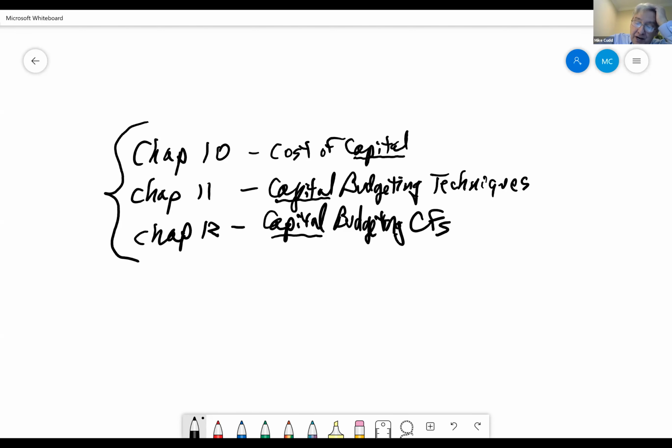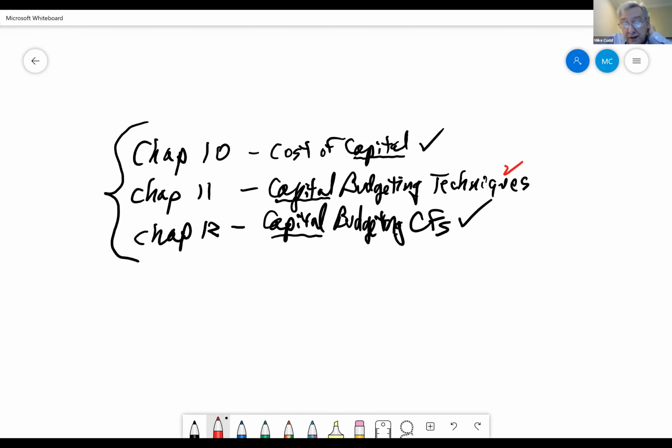And then once we have the required rate of return and the project cash flows, oddly, the last thing we do is apply our techniques. However, your author and other authors cover these chapters in this order, so I will too.